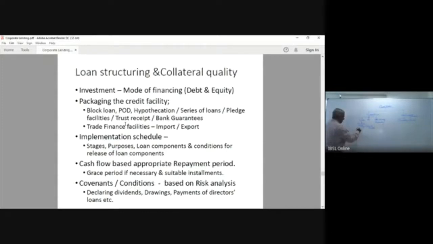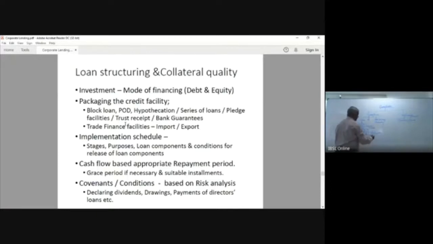Other loans we have: pledge loan facilities, pledge loans, series of loans, or revolving loans, revolving credit, TR facilities, then import loans, export loans, packing credit facilities.